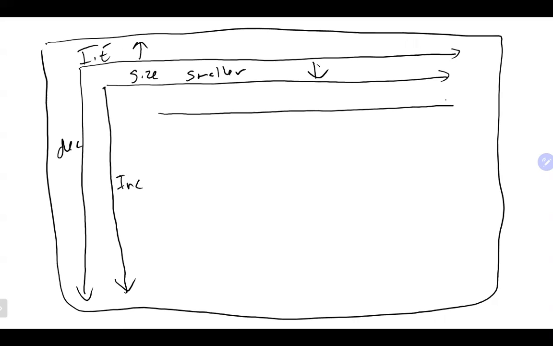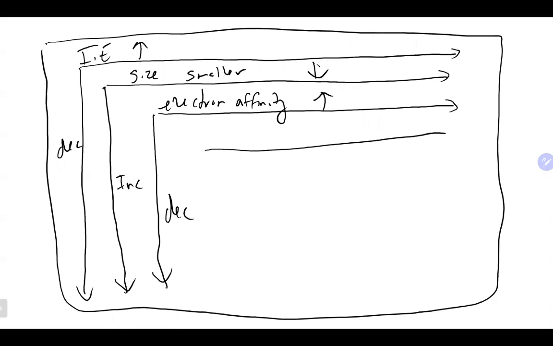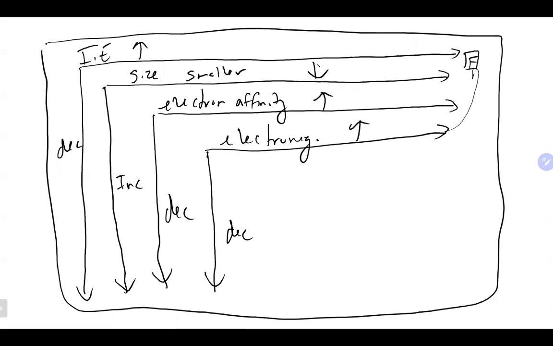Electron affinity increases as you go up and to the right on the periodic table, decreases as you go down, and electronegativity increases as you go up and decreases as you go down, again with fluorine, which is really up here as the most electronegative.